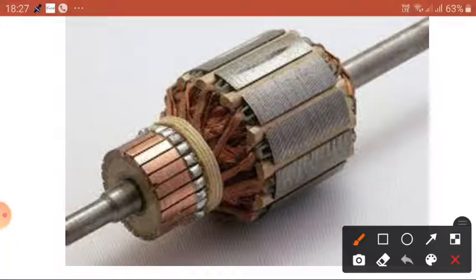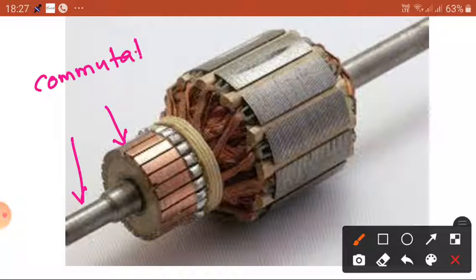As usual, this is known as the shaft, this is the commutator, and these are the copper windings. These are the armature segments. Now these are the slots.